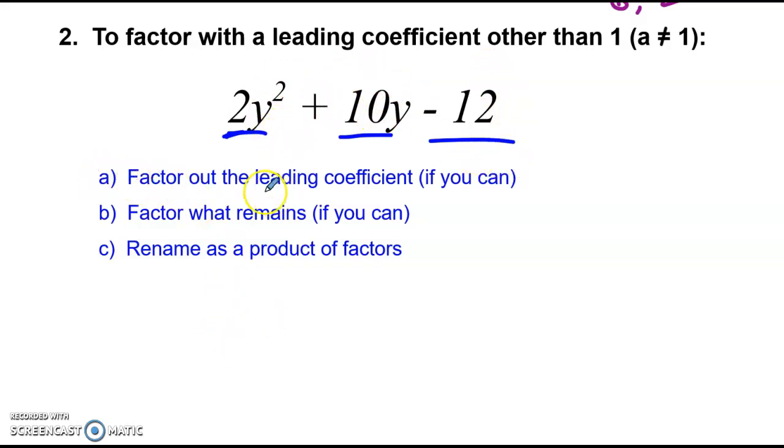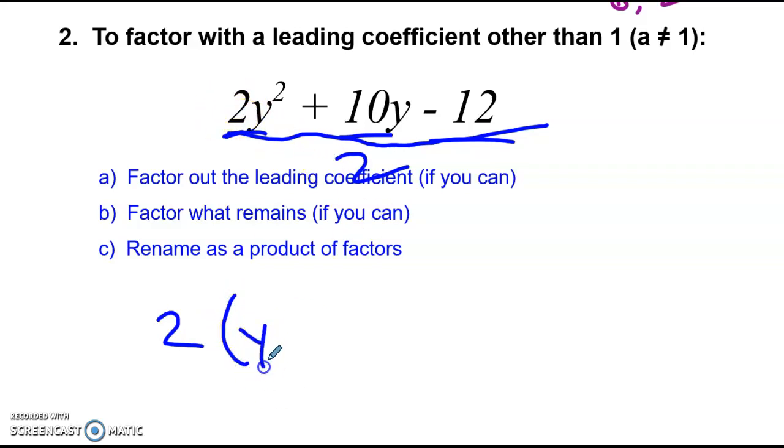So just like it says here, step A, factor out the leading coefficient. So I'm going to write a 2. In other words, we're taking this whole thing and dividing it by 2. So 2y squared divided by 2, 10y divided by 2, negative 12 divided by 2. And when I do that, here's what I'm left with. The 2 cancels out there, so that just leaves me with the y squared. 10y divided by 2: well, 10 cancels with the 2 to give me positive 5, so plus 5y. The y comes along for the ride.